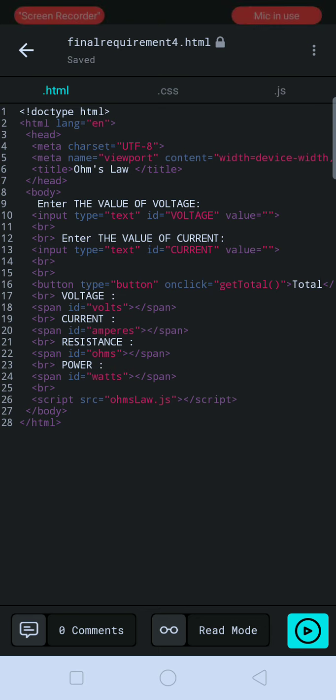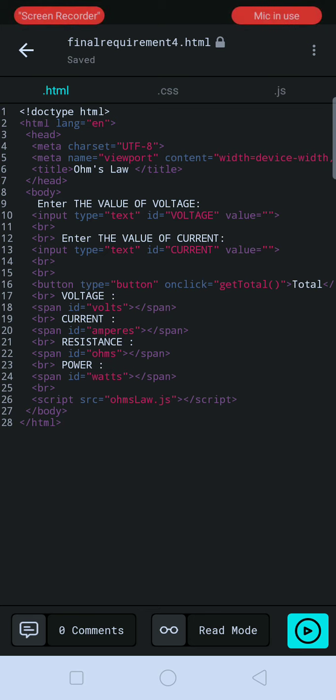The title is Ohm's law. The input is enter the value of voltage. The ID is voltage. Then enter the value of current. The ID of the enter value of current is current. Then button type button onclick get total.